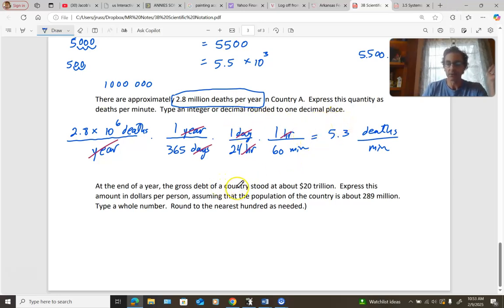And then in this next one, we're going to look at the debt. So at the end of the year, it says the gross debt of a country stood at about 20 trillion. So this is around the debt of the USA.